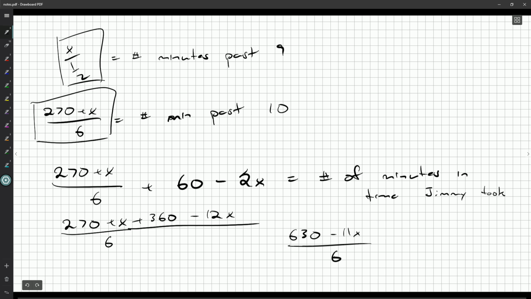And then we want to divide by 60. 630 minus 11x over 360 equals the number of hours. So that's t. Okay. 630 minus 11x over 360, that's t.